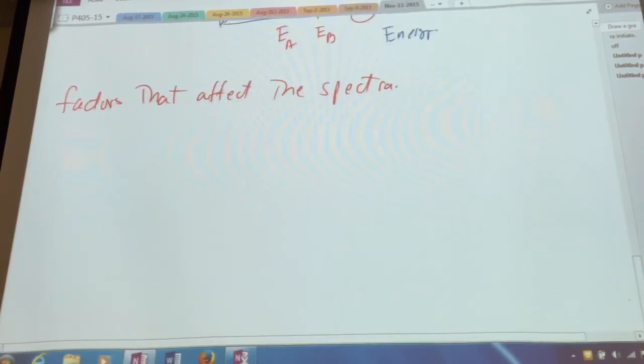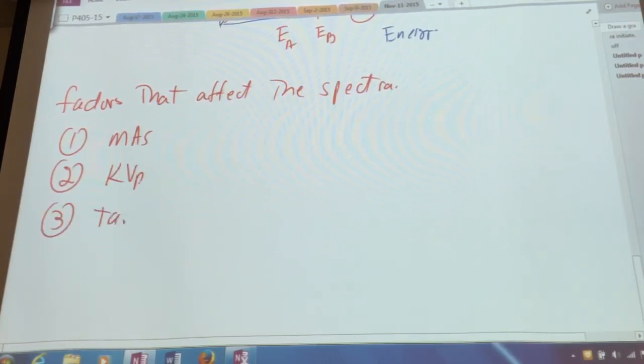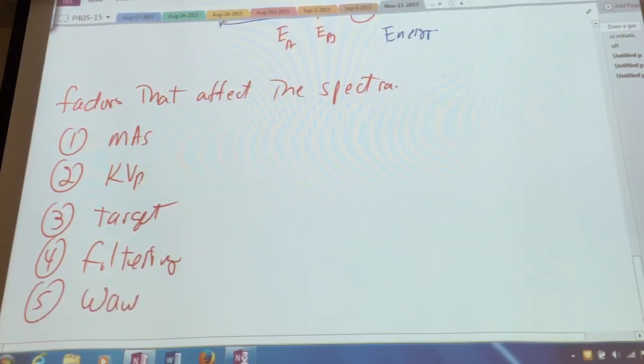What are the factors that affect the spectra? This is a good little exercise.